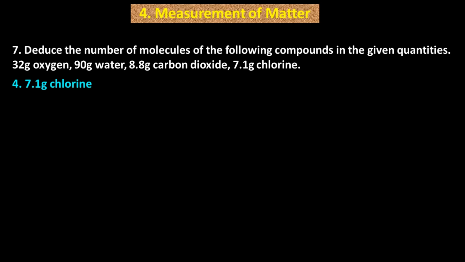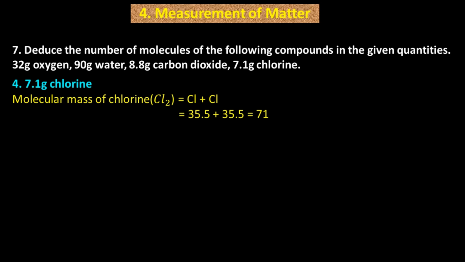4. 7.1 gram chlorine. Molecular mass of chlorine, Cl2, is Cl plus Cl, is equal to 35.5 plus 35.5 is equal to 71. 1 mole of Cl2 is equal to 71 gram of Cl2.